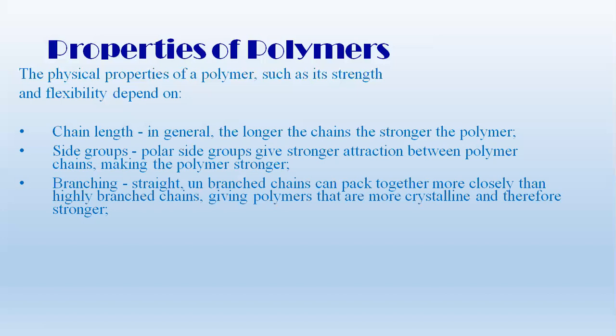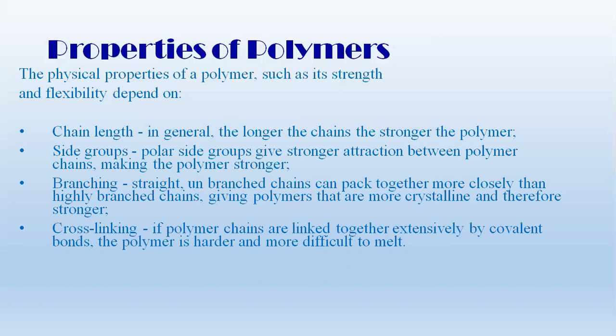Branching: a straight chain can be packed together more closely than a highly branched chain, giving polymers that are more crystalline and therefore stronger. Cross-linking: if polymer chains are linked together extensively by covalent bonds, the polymer is harder and more difficult to melt.